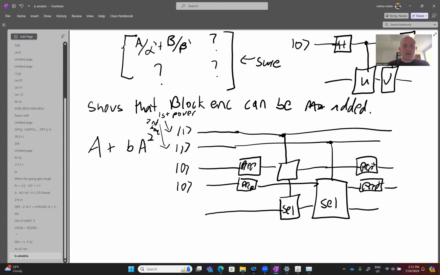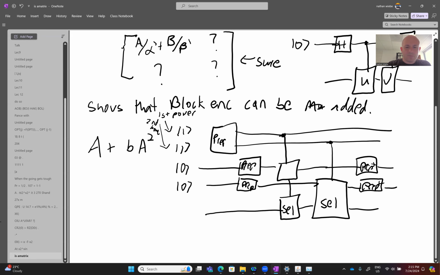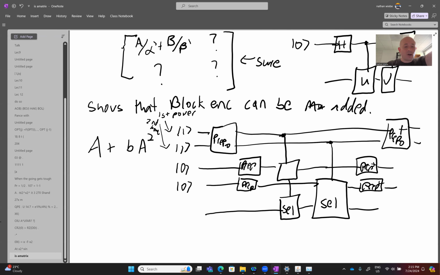So this gives us a way of doing A or A squared, but if I change this up and now put in a box that I'll call prep 0 and prep 0 dagger, I can use the LCU lemma to go forward and actually build an arbitrary combination of this form over here.